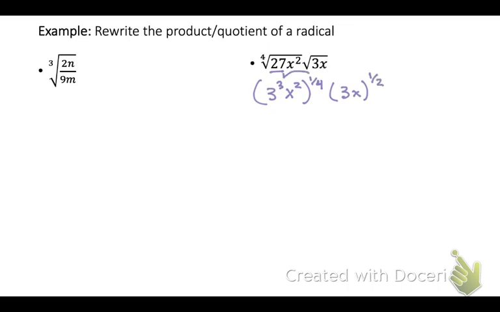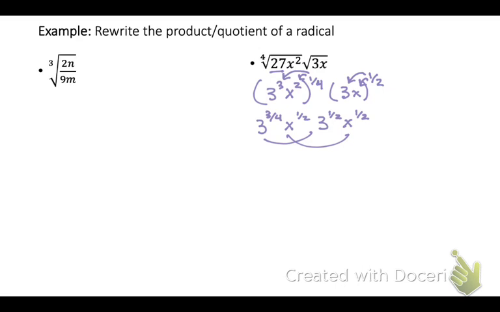So now we got to distribute that, don't I? So that gives me 3 to the 3/4, x to the 1/2, times 3 to the, and x to the, and now I combine like terms, like I put those together.